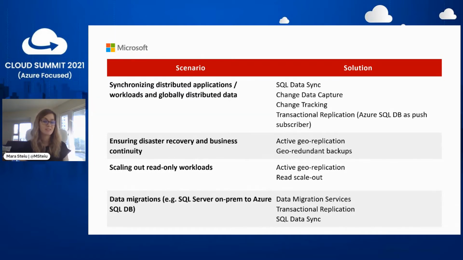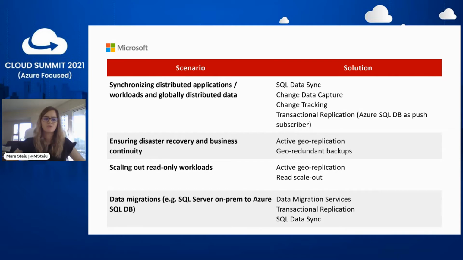And then on the business continuity side, this refers to the procedures enabling you to continue operating in the face of disruption. So if there is a data center outage, application upgrade, anything like that, there are some solutions. Unfortunately, we don't have time to go into this today. Then you might want to scale out your read-only workloads, so you want to offload read-only workloads instead of running them on the read-write replica for performance purposes.